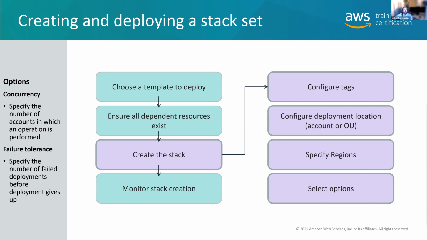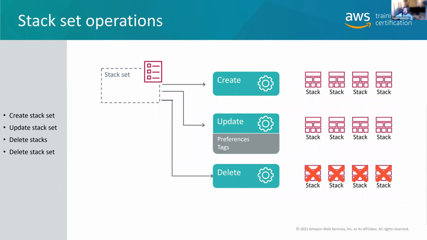Now, stack set operations that you can perform are either creating, updating, or deleting. When we were back earlier looking at where CloudFormation was triggering ECS, all that CloudFormation stack was doing an update. I'm changing from version 1.1 to version 1.2 of my container. That's all you're telling ECS to do, right?